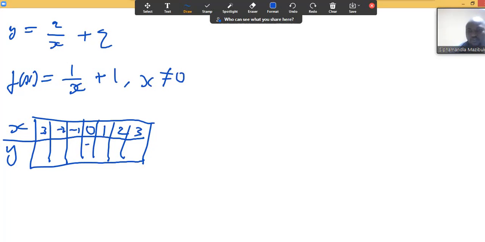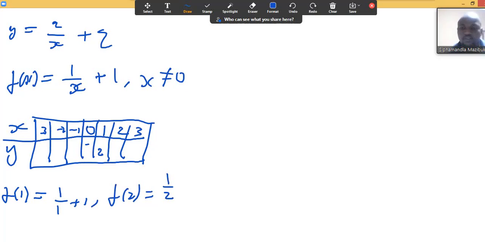So let's try to look at f of x when x is equal to 1. This would be 1 over 1 plus 1, so that would be 2. And let's look at f of 2, which will be 1 over 2 plus 1.